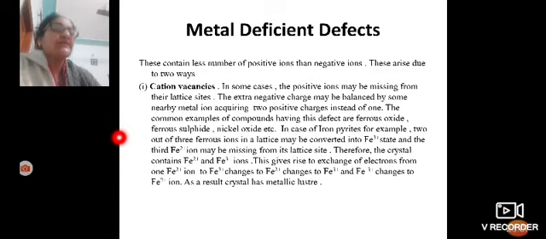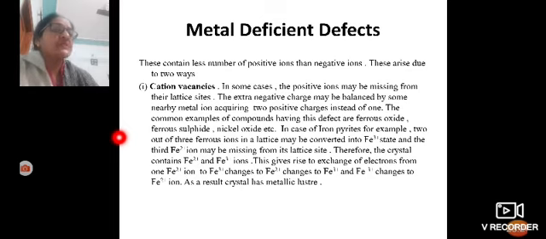The extra negative charge may be balanced by some nearby metal ion acquiring two positive charges instead of one. The common examples of compounds having these defects are ferrous oxide, ferrous sulfate, nickel oxide, etc.